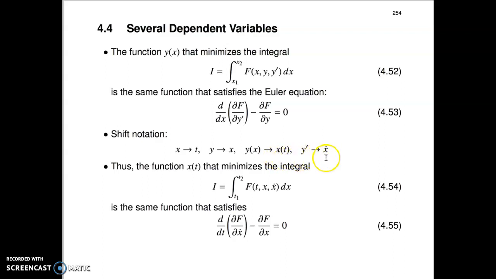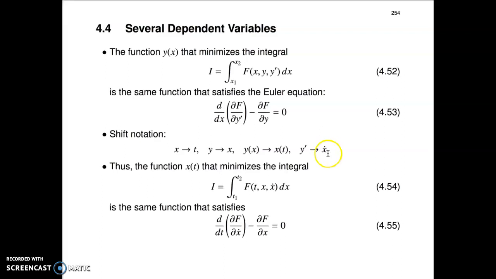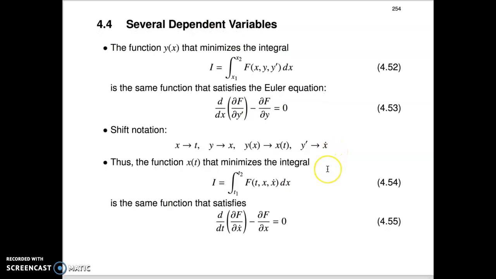I'm going to call that x dot. Okay? So you can kind of think of x as being position, t is time, and x dot is the time derivative of position, so it's velocity. You don't have to interpret it that way, but that's one way you can interpret it.